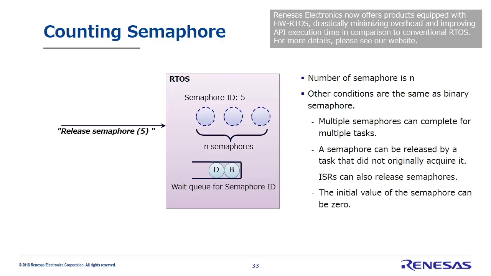The RTOS will assign this semaphore to task B and move it from waiting to ready. When another task holding a semaphore releases it through the Release Semaphore API, again the RTOS will assign this semaphore to task D and move it from waiting to ready.